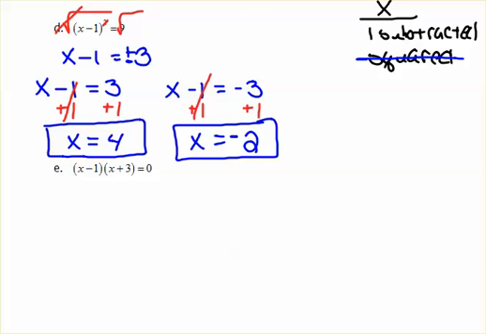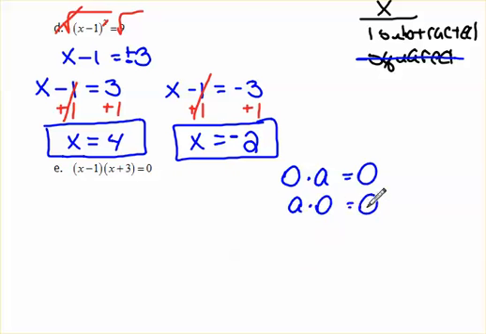This last one here, we have x minus 1 times x plus 3 equals 0. Well, you may have forgotten how to tackle these, so I wanted to talk about it. Here we have two things that are multiplied together to equal 0. Well, the only way that you can get a product of 0 is if one of the factors is 0. Remember, we had that rule that said 0 times a is 0, or a times 0 is 0.